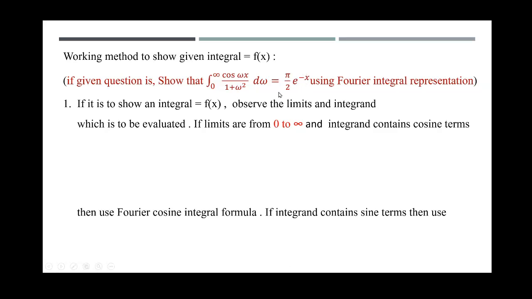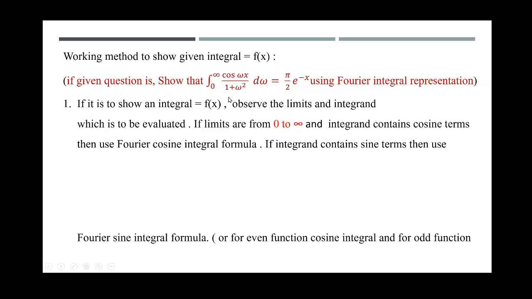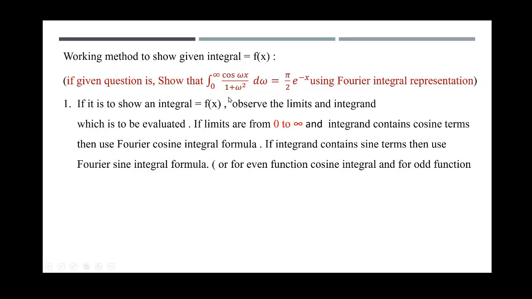Consider RHS as f of x and use the cosine integral formula if the integrand contains cos terms and limits are 0 to infinity. If limits are 0 to infinity and the integrand contains sine terms, then use the sine integral formula, and here also f of x equal to the given RHS.